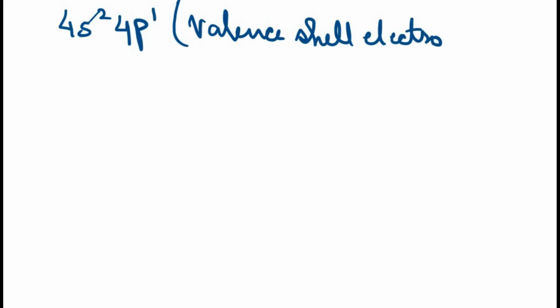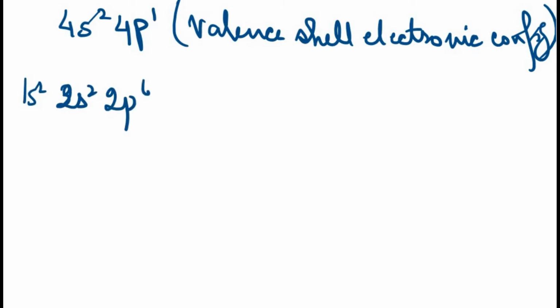Electronic configuration. Right? So what can we write the formula or the electronic configuration of the compound to be? So before this, that is the 1s2, 2s2, 2p6, 3s2, 3p6 was the configuration of which noble gas?